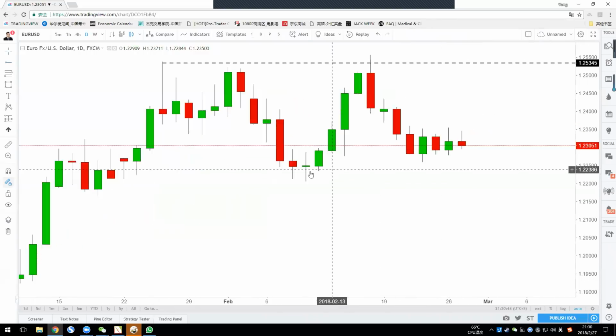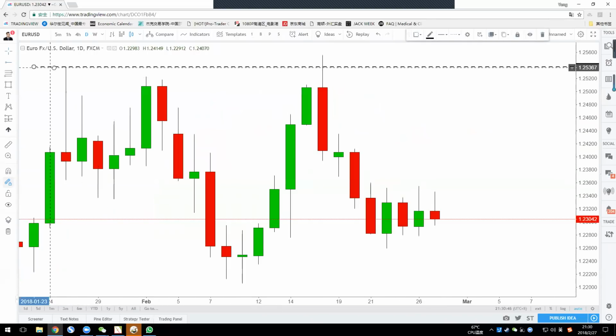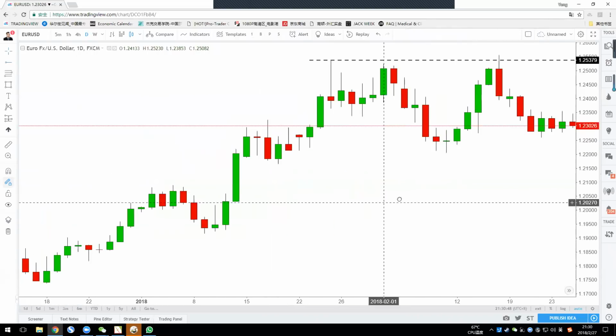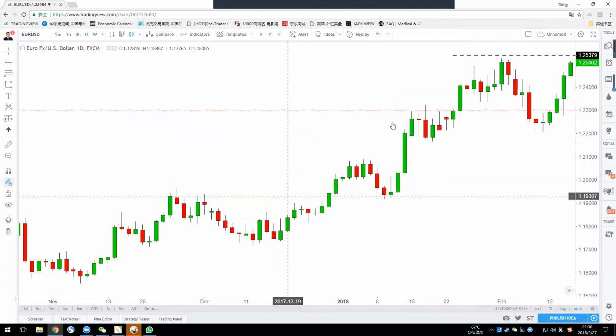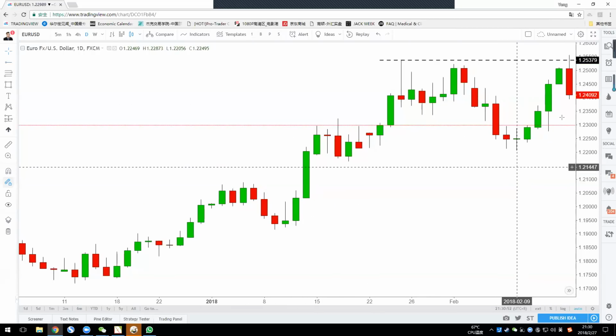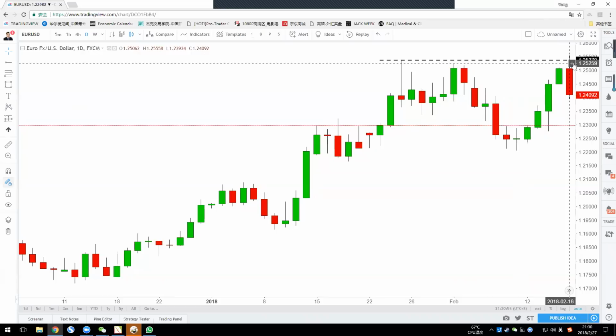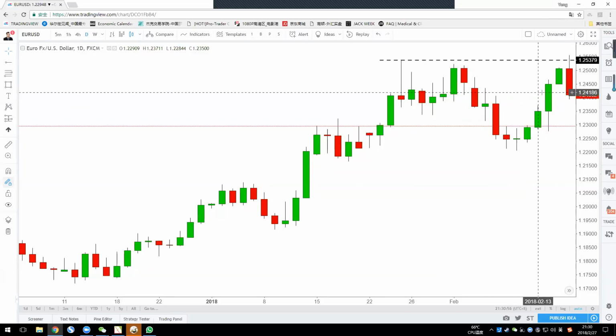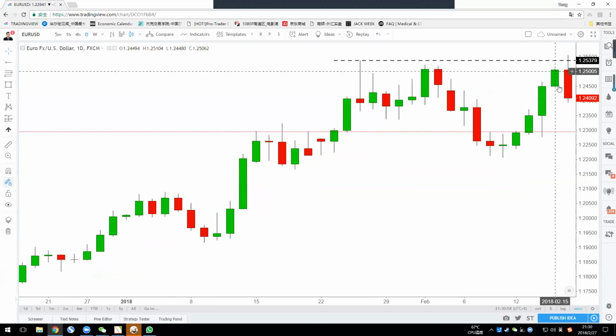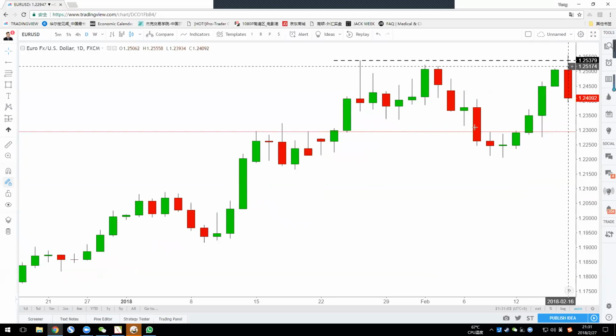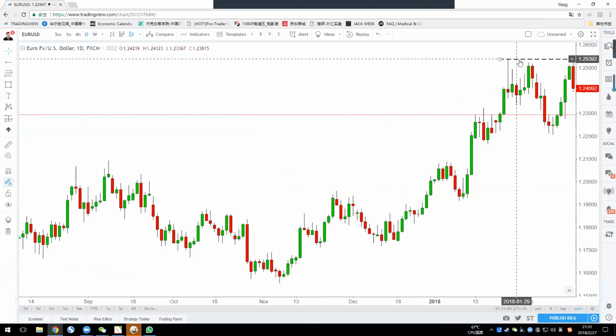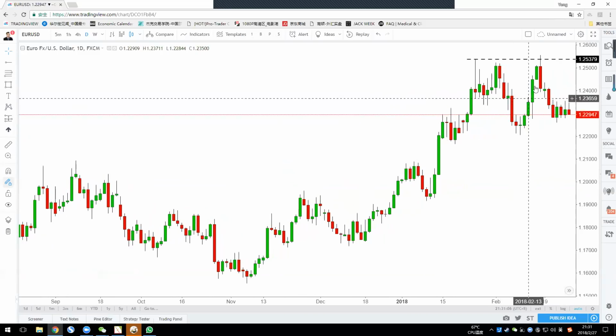Look at it here. This is the highest point, right? By right, if the uptrend continues, after it breaks up, it should pull back, stand, and go up again. You shouldn't form this kind of engulfing candle. But this engulfing candle happening in a very, very good place tells you that the euro is likely to fall.